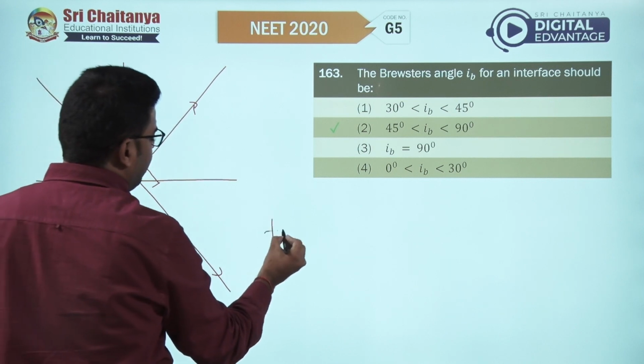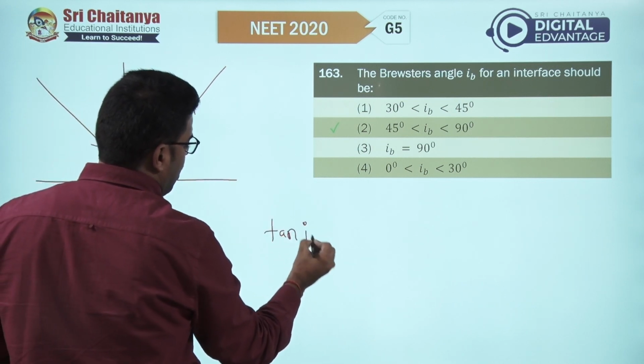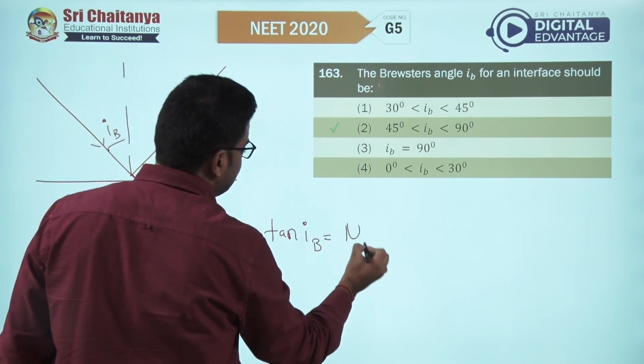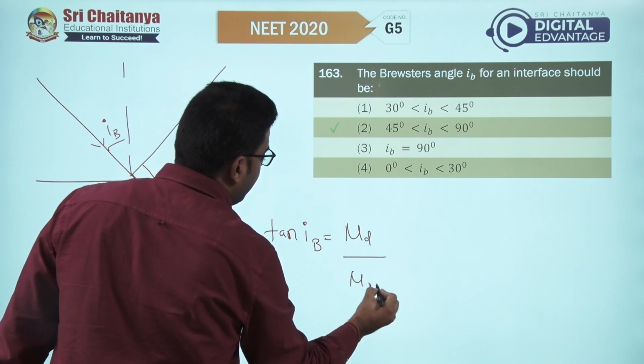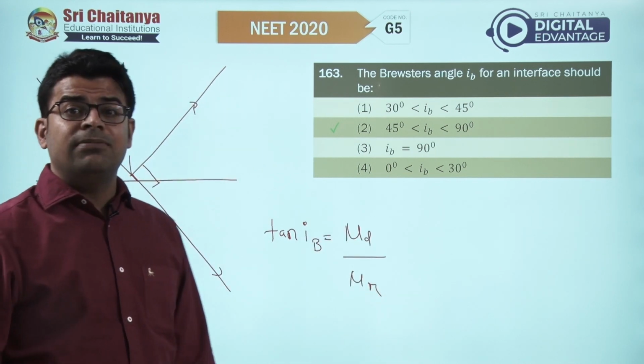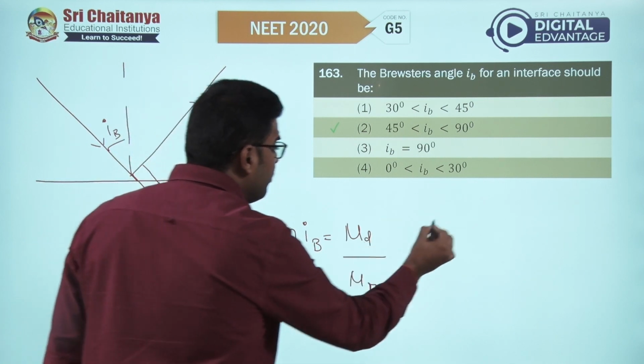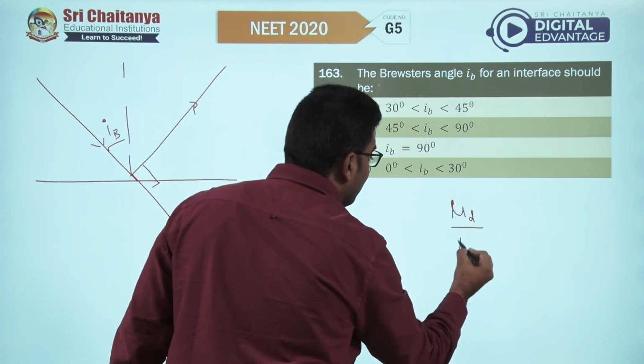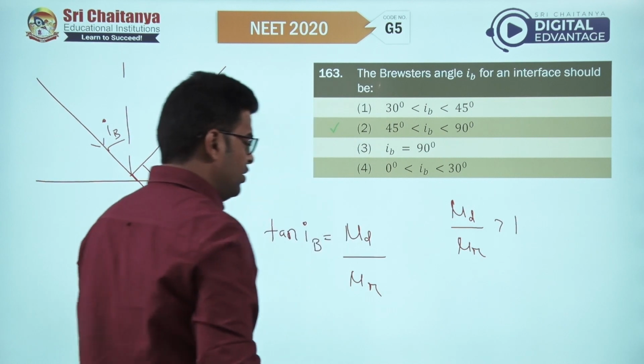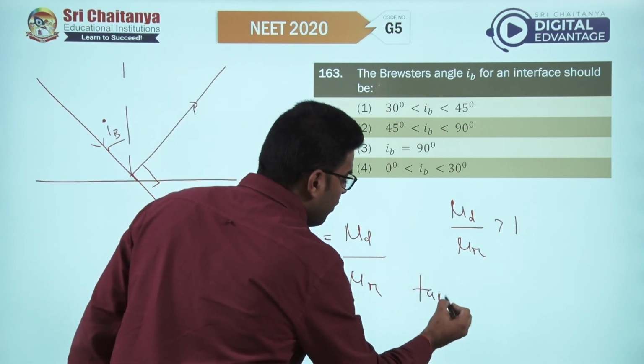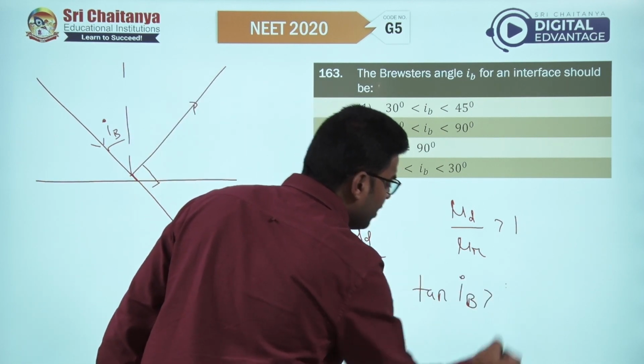We know that tan IB is mu denser by mu rarer. This quantity mu denser by mu rarer has to be greater than 1, right? So the tan of the Brewster's angle has to be greater than 1.